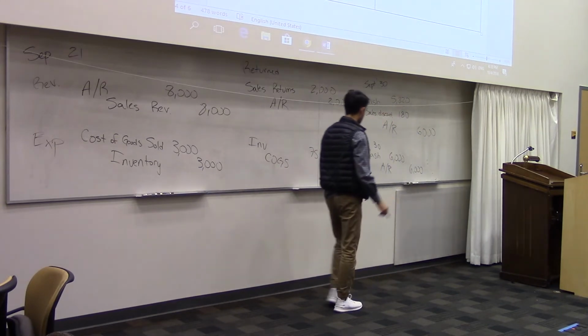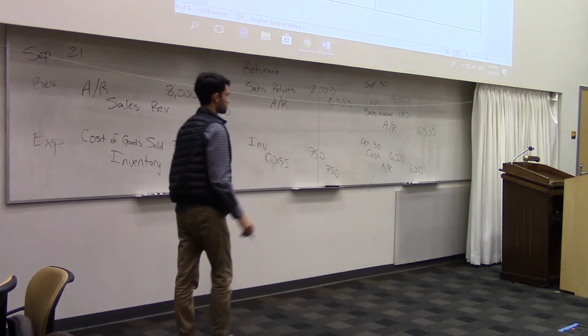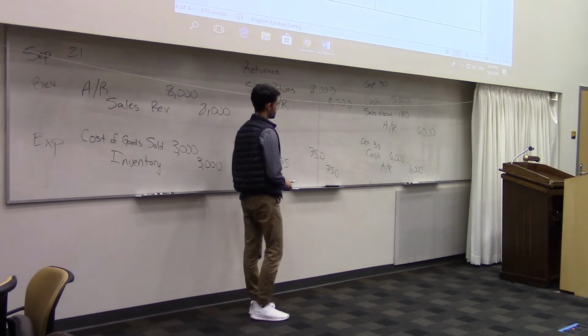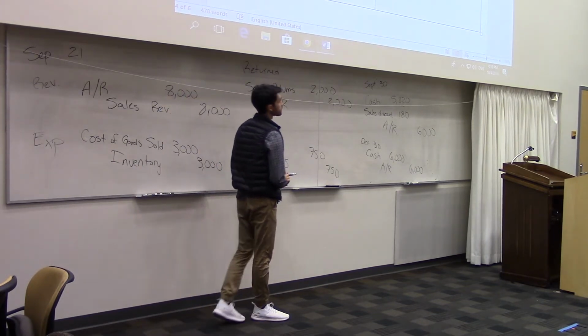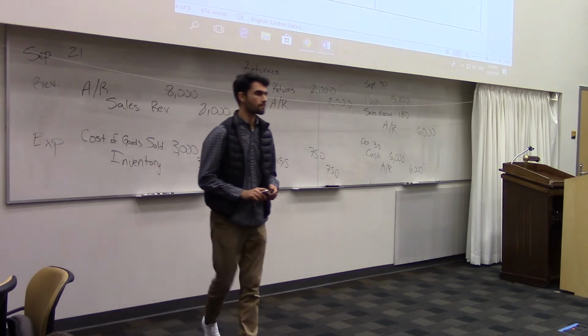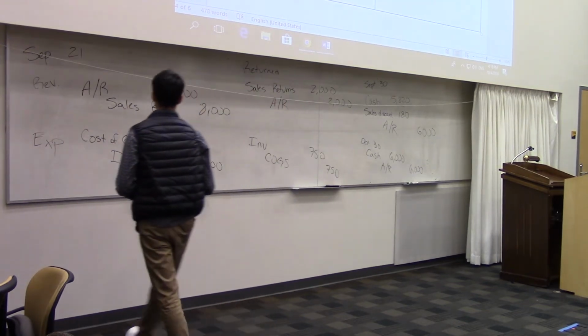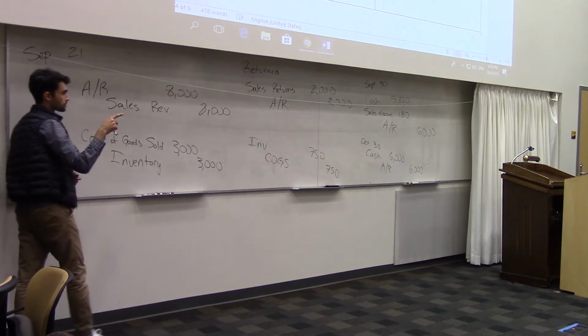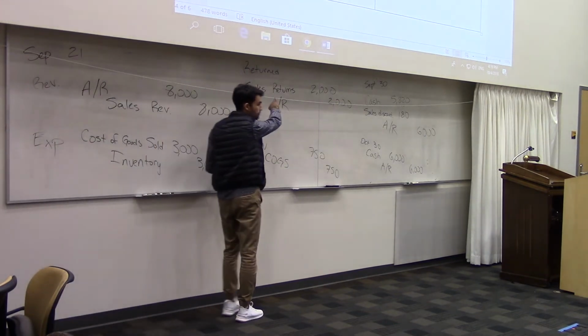We're getting $6,000 in cash, and we're going to decrease accounts receivable by 6,000. Questions on that? Where did you get the 6,000 from? Good question. So they originally owed us 8,000, but then they returned 2,000. Okay.